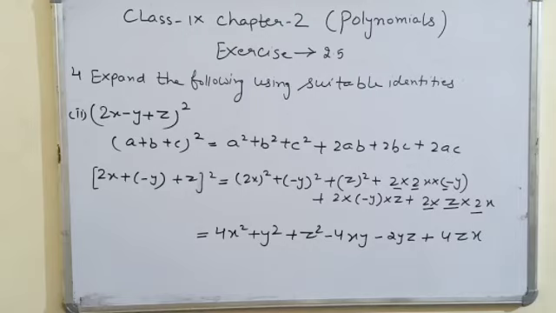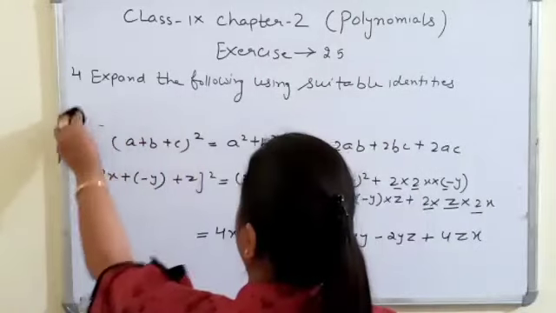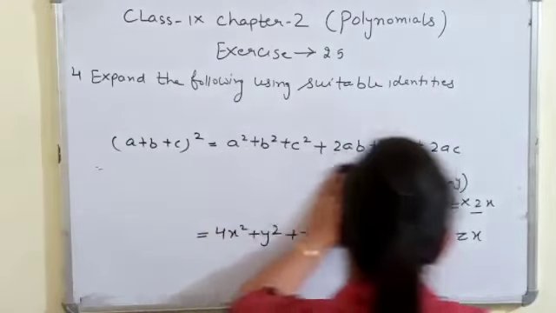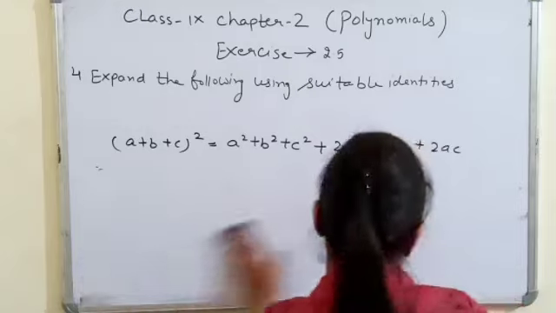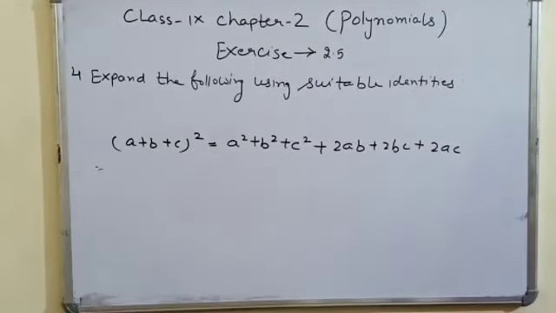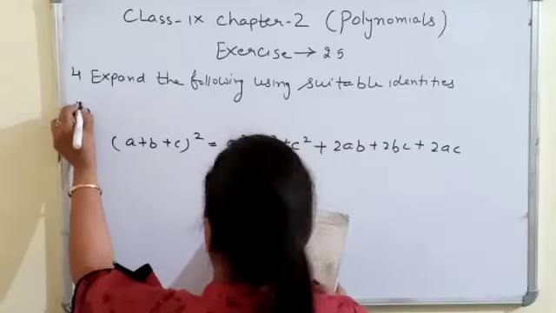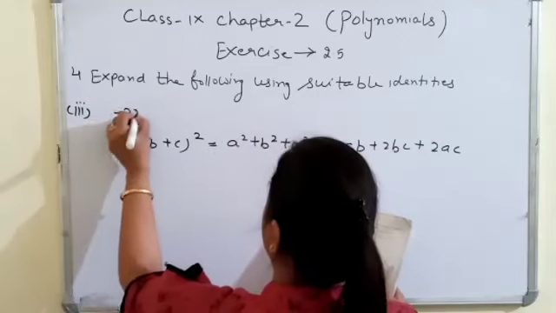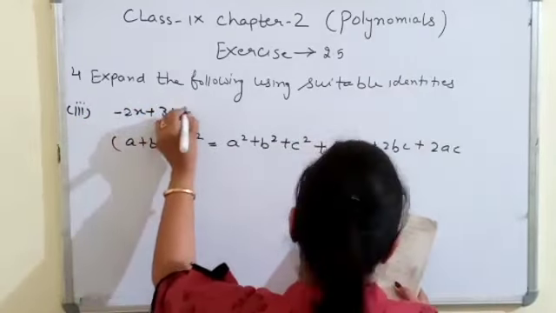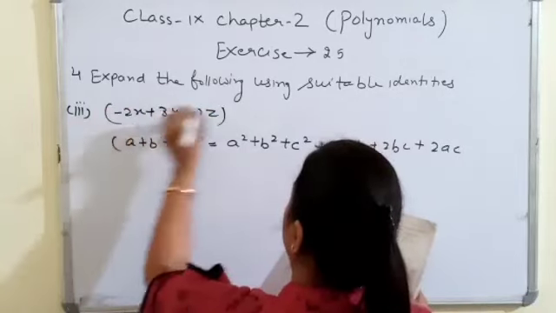Let's try to solve the third one. The statement for the third part is (minus 2x plus 3y plus 2z) whole square.